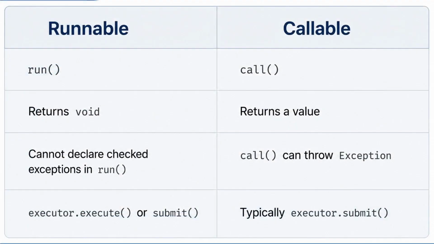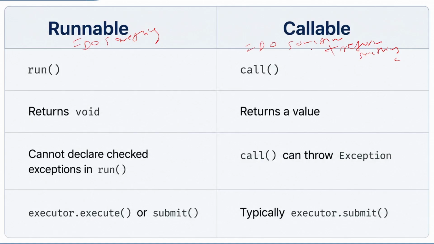Think like Runnable means do something, and Callable means do something plus return something. That is the basic difference.